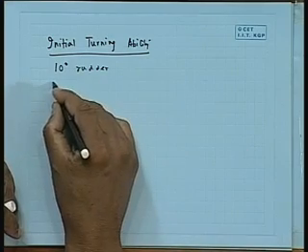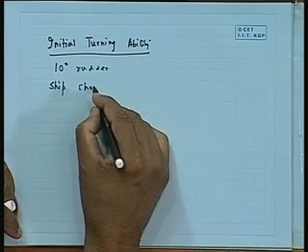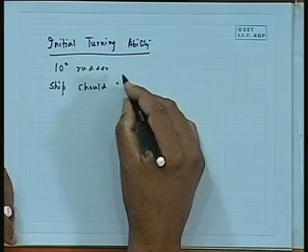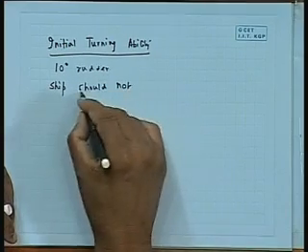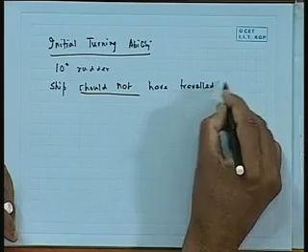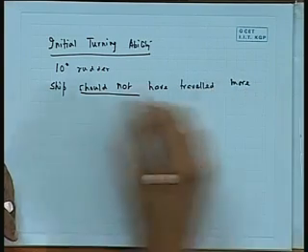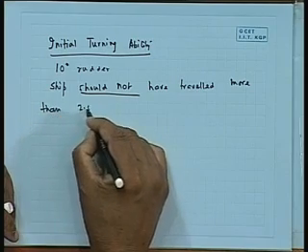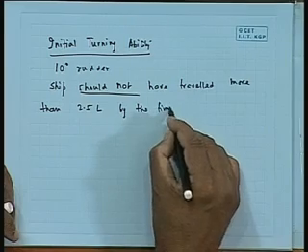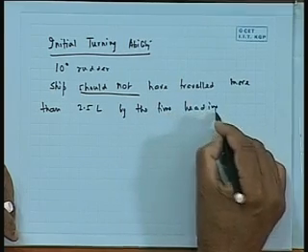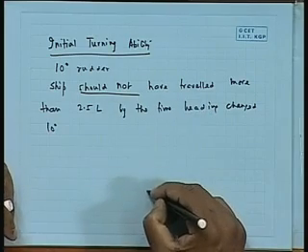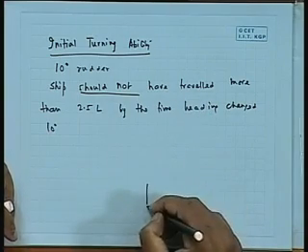It says the ship should not have travelled more than L by the time... See, the ship is here initially, you give a rudder of 10 degree.